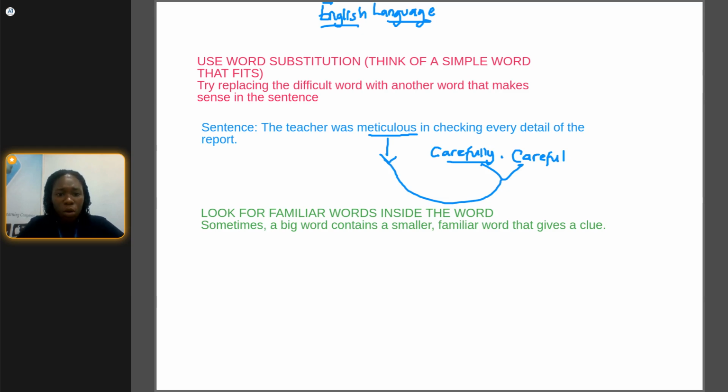If we can have an example, we can use a different example. For instance, the word inexaminable. When you see the word inexaminable, you can find a familiar word like exam.